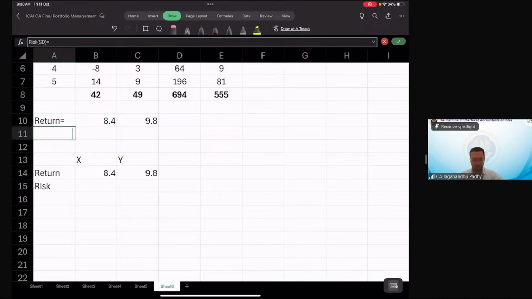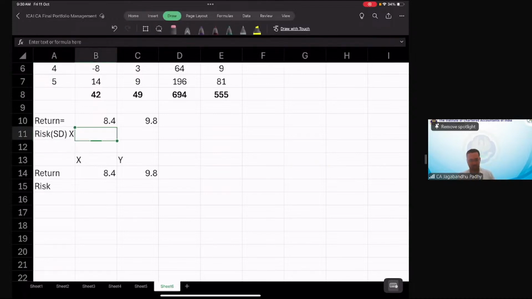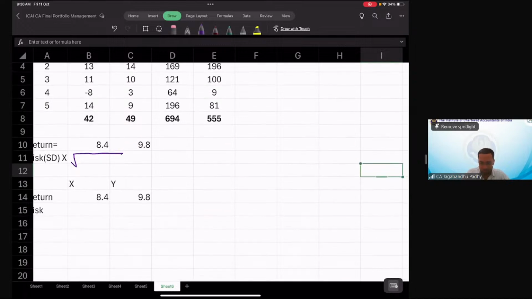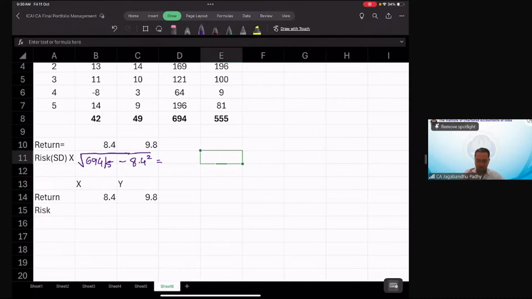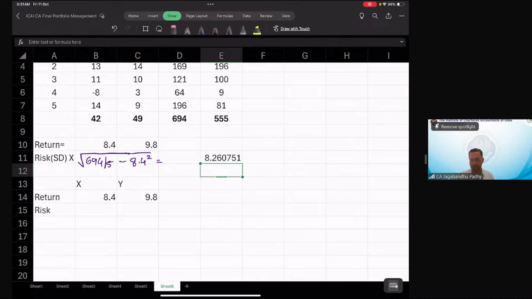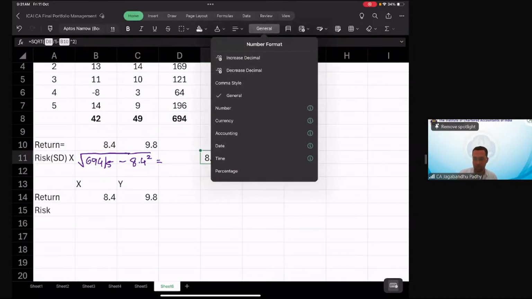So for the standard deviation of, let's say, X, this will be the square root of 694 by 5 minus 8.4 square, right? So what is this number going to be? It's the square root of 694 by 5 minus 8.4 square. So that is 8.26.